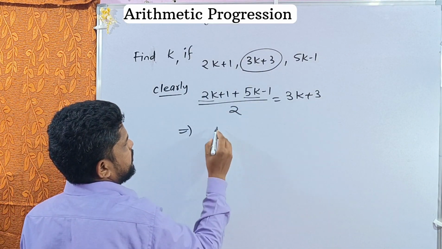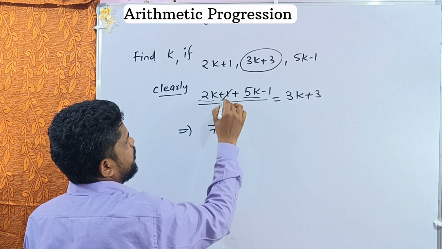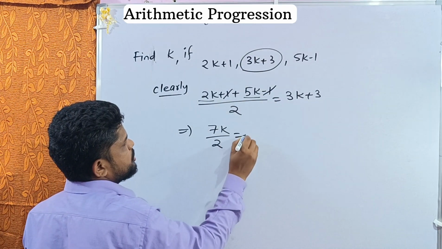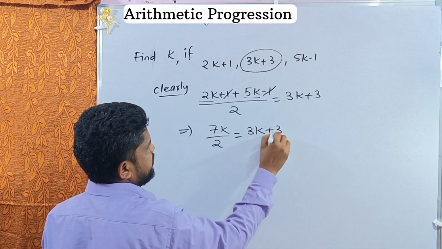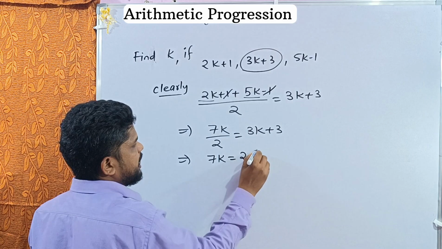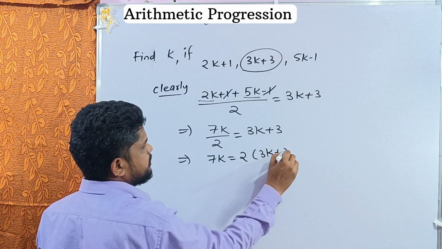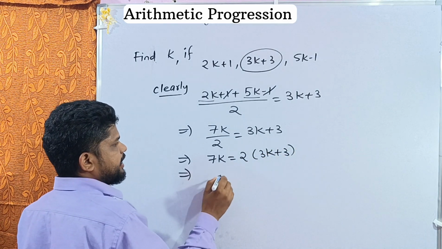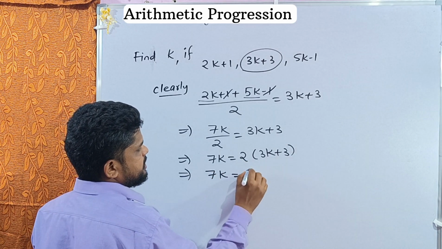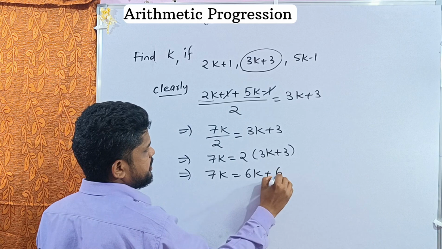Here on solving this, we can see that 2k plus 5k is 7k. 1 and minus 1 will get cancelled out. Divided by 2, which is equal to 3k plus 3. Here 7k is equal to 2 times 3k plus 3. By opening this bracket we will get 2 into 3, 6k plus 6.